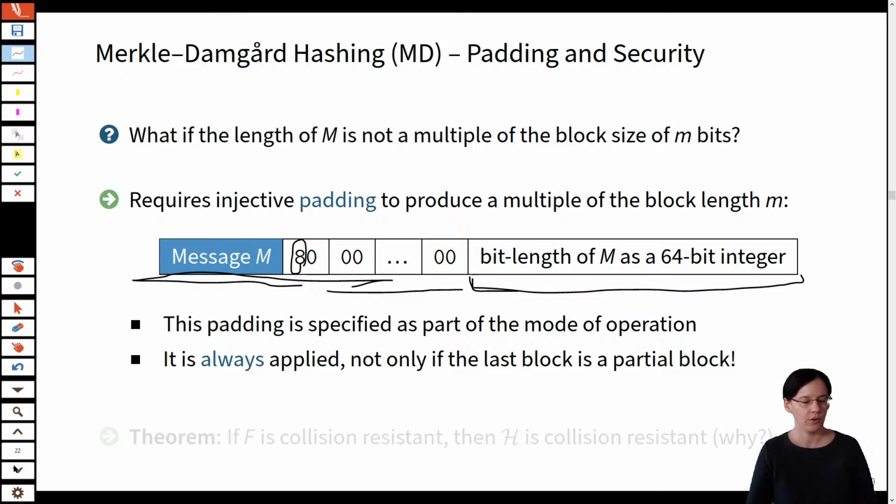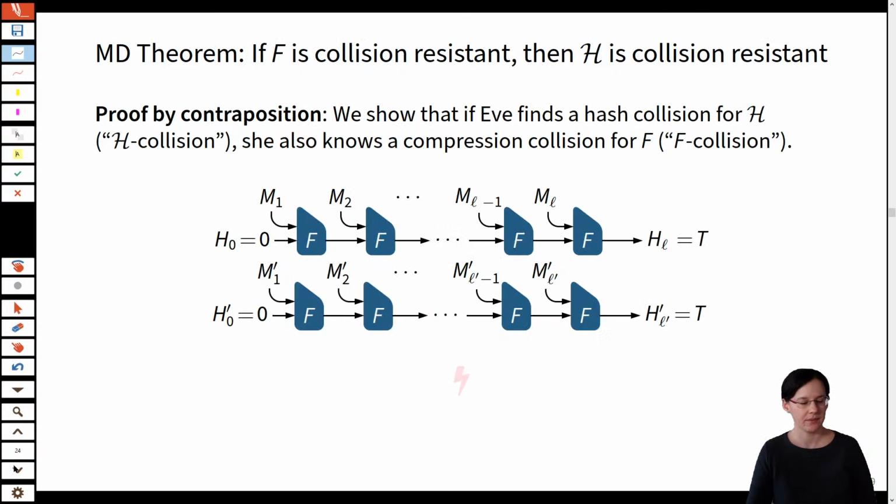So let's have a look at the security argument of why having a collision-resistant compression function is guaranteed to lead to a collision-resistant hash function with this construction. And to make this argument, we do a so-called proof by contraposition.